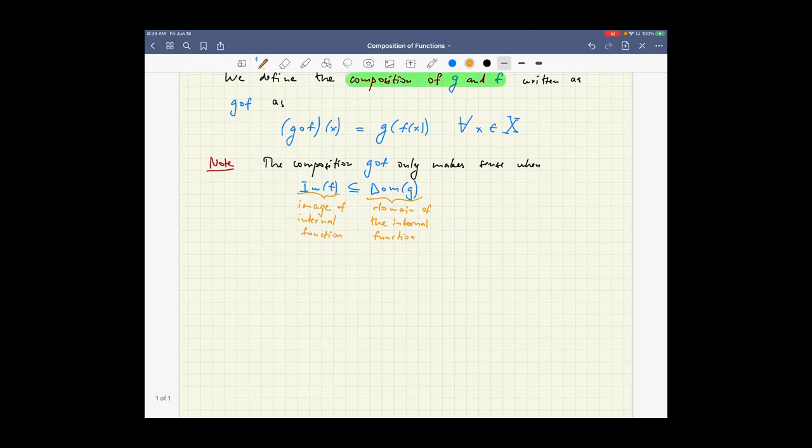The other comment here that I want to make is that we need not confuse the composition and product. G composed with f is not the same as g times f.